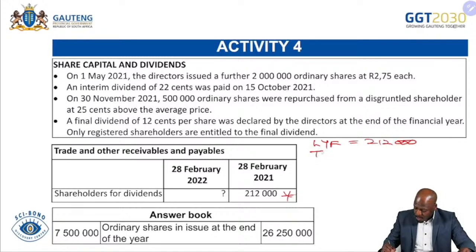So we need this year's interim. And they say an interim dividend of 22 cents was paid on the 15th of October.